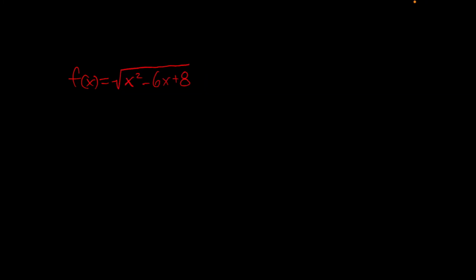Alright, so let's say we have the function f of x equals the square root of x squared minus 6x plus 8. Well, this has to be equal to or greater than 0, because we cannot take the square root of a negative number, unfortunately.